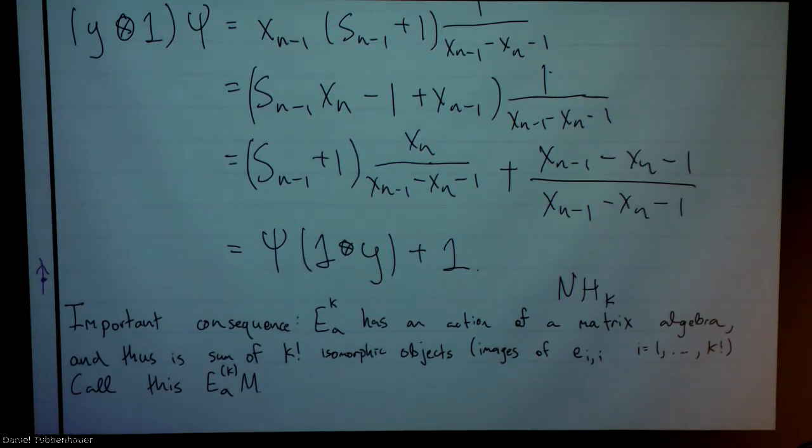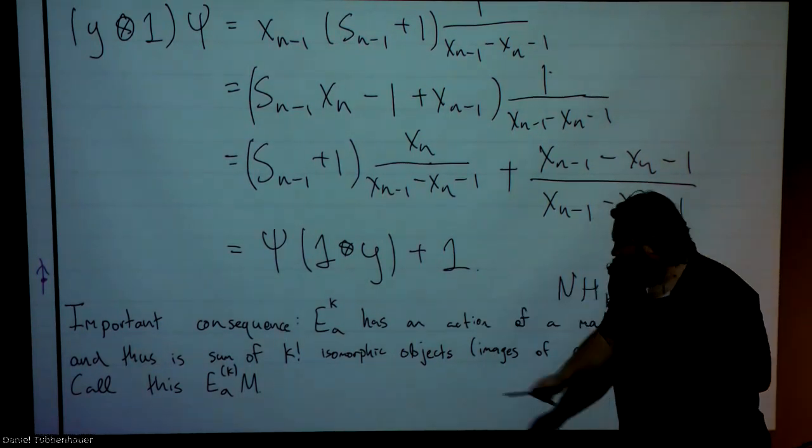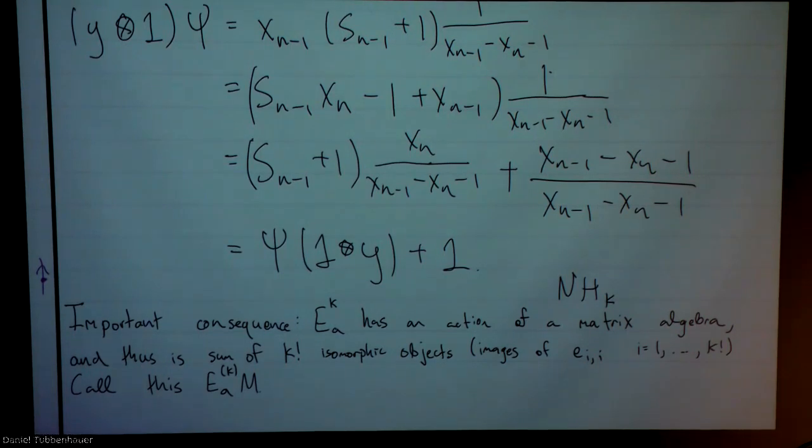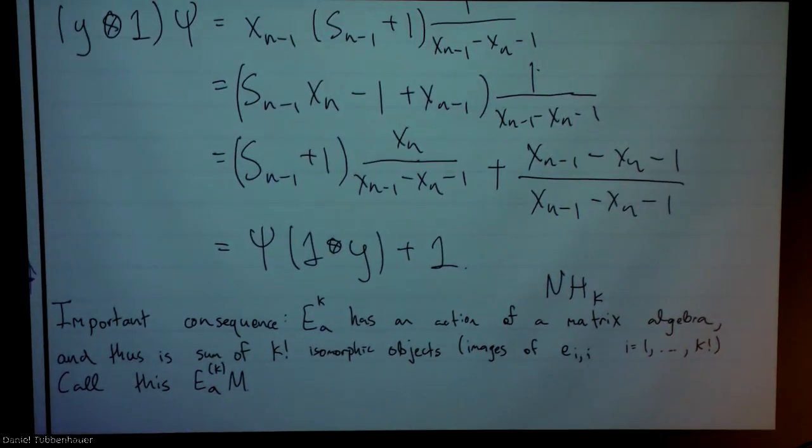which we saw last time is a matrix algebra. Having an action of a matrix algebra on something is really powerful because it tells you that the thing it's acting on is a sum of a bunch of isomorphic objects. The number of times they show up is the rank of the matrix. I look at the projections corresponding to the images of all the diagonal matrices, with 1 on the diagonal, and all of those are isomorphic because the off-diagonal matrices give me the isomorphisms.